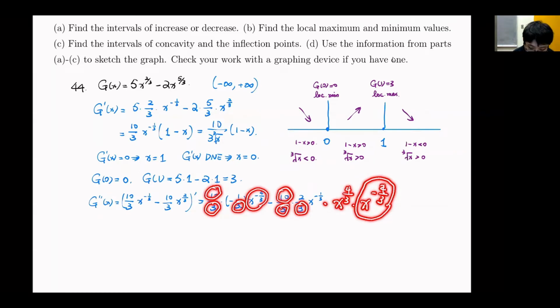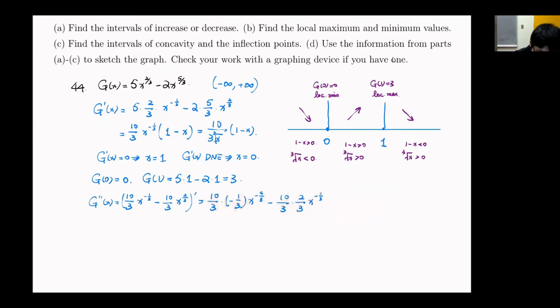What remains inside for the first guy is simply going to be -1. And what remains for the second guy is going to be 2 times the product of x to the 1/3 power with x to the 4 over 3 power. All right, so let's actually write that down more carefully. So I will get 10 divided by 3 times 3 times x to the minus 4 over 3, sorry, 4 over 3 as the common factor. Then let's actually write that.